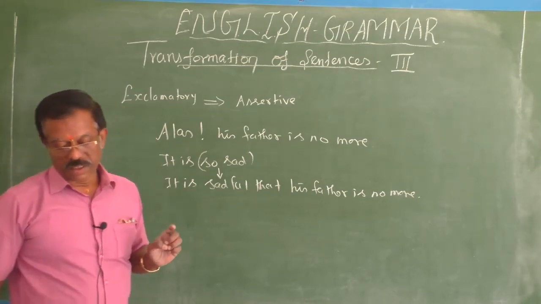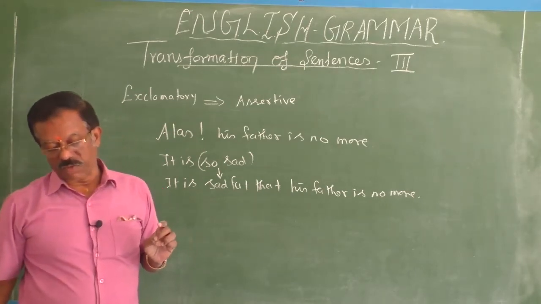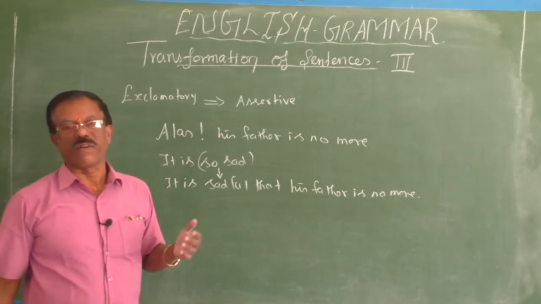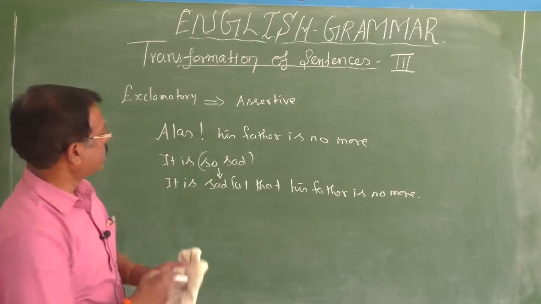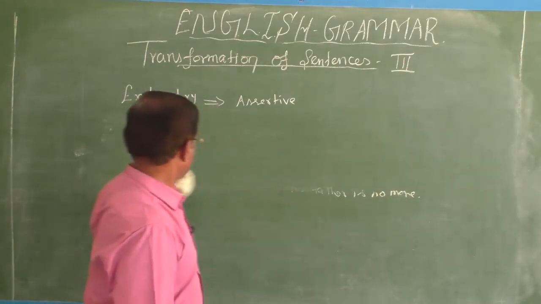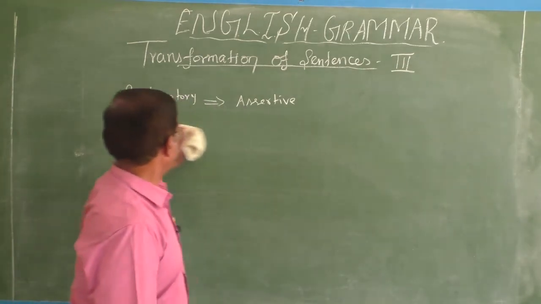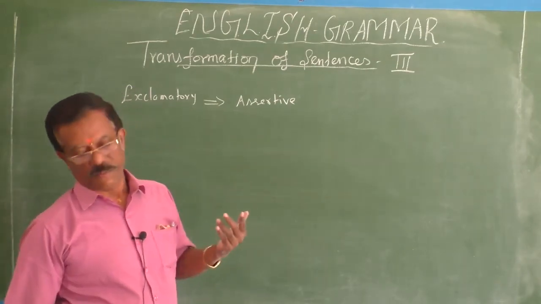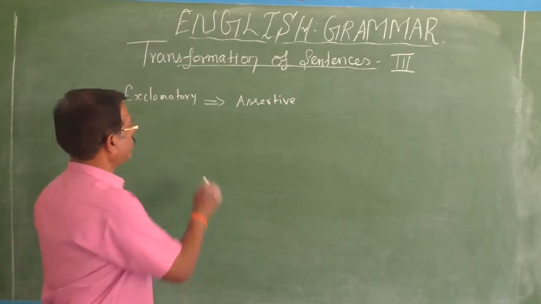Okay, fine. Oh, for the wings of a dove. How can you change this type of exclamatory sentence? So you sometimes have different exclamatory sentences. Don't worry. Such types of sentences can also be changed into an assertive if you follow these rules.